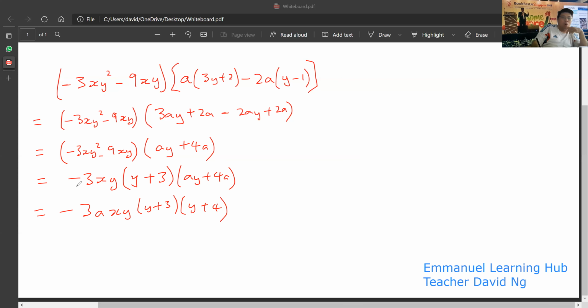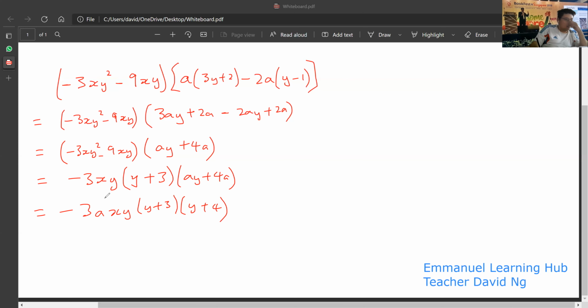Minus 3xy times y is negative 3xy square. I multiply in, I get back this, right? This whole part here is this part. Negative 3 times 3 is negative 9.